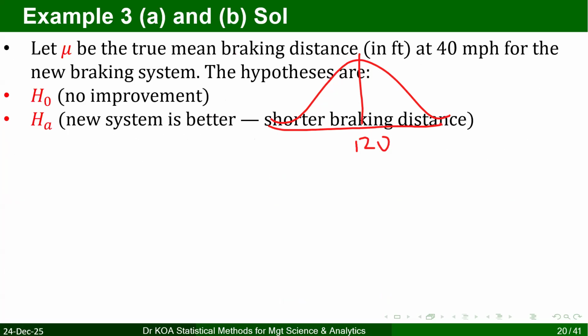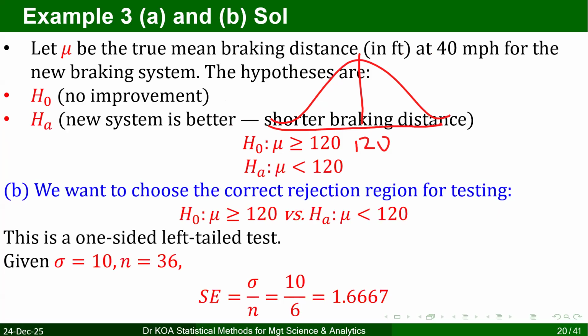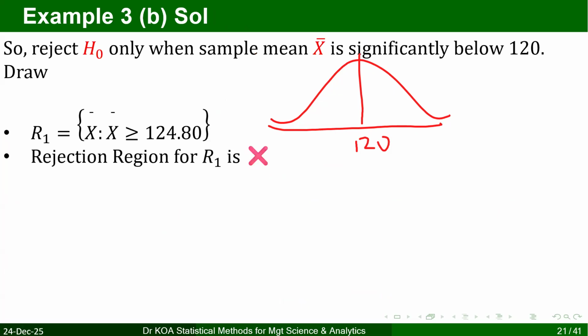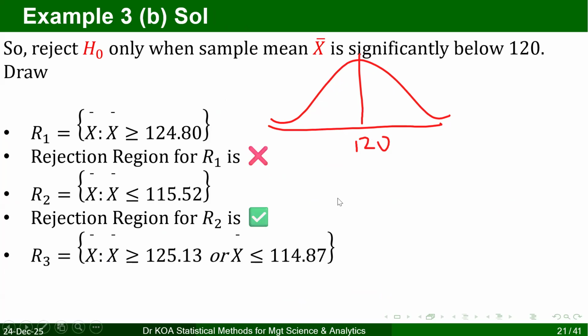So you want to choose a rejection region for the testing process. And so you find this one, and then you check the rejection region. You see that 124 is above the 120. 115 is below the 120. If you check 125 and 114, one is above, one is below.